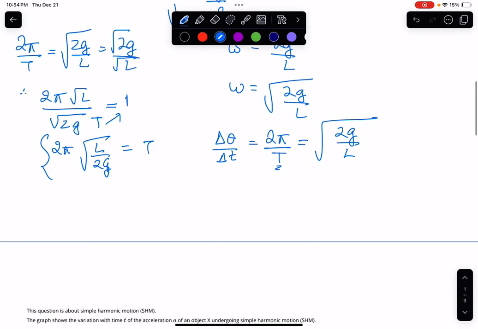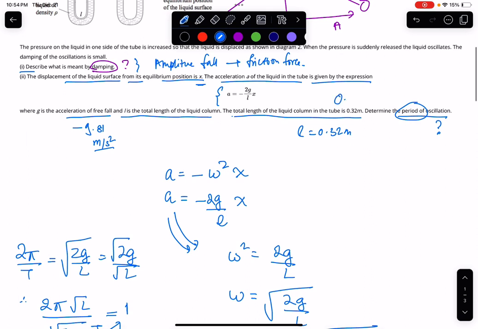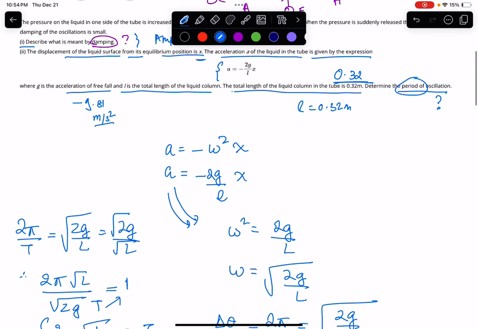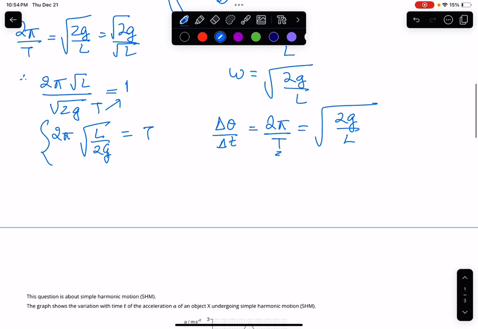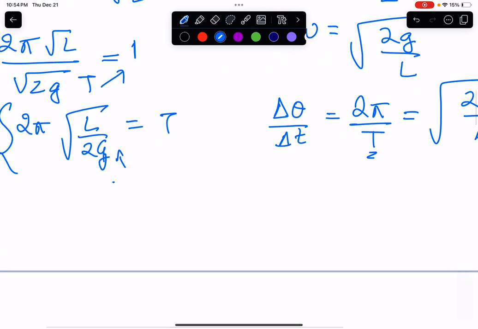now the main thing over here is we know L to be 0.32, and we'll take the absolute value of gravity. Okay, because in this case you take the absolute value, right? If we take negative 9.81, then the equation won't work, because you can't have the square root of a negative value unless you use complex numbers, and we're not going to be doing that.